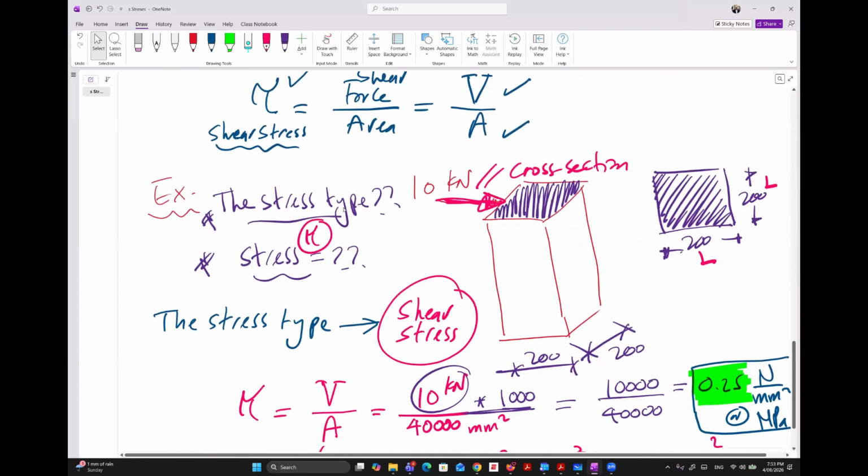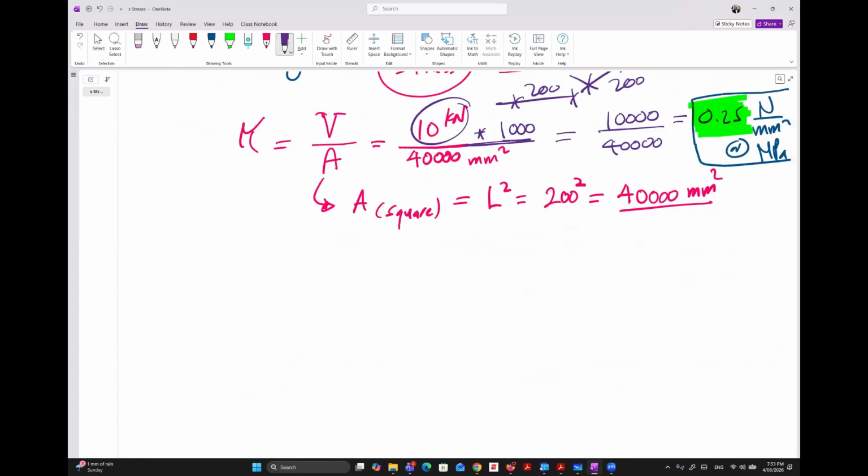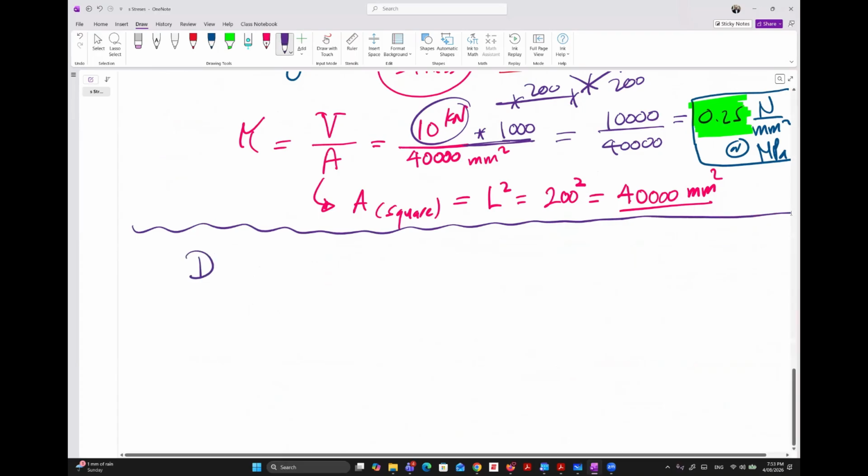Yeah, both are okay, but I will just clarify something for you. Do you know what is the relation between D and R? D is what? Diameter. And R? Radius. What is the relation? Diameter is 2 times the radius.